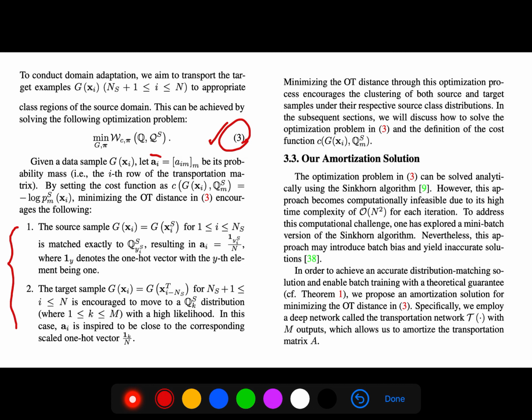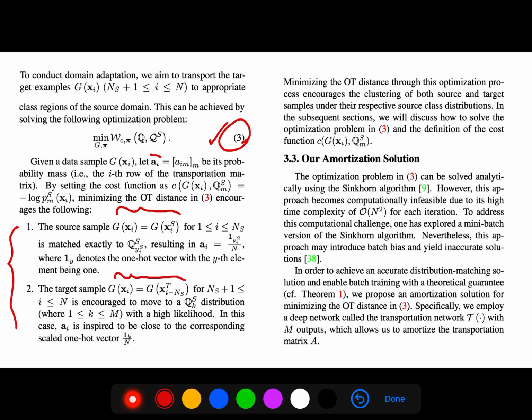First, the source sample G of xi is matched according to Q, and then the target sample also should match. It is encouraged to move to a Q distribution with a high likelihood. And ai is inspired to be close to the corresponding scaled one-hot vector.